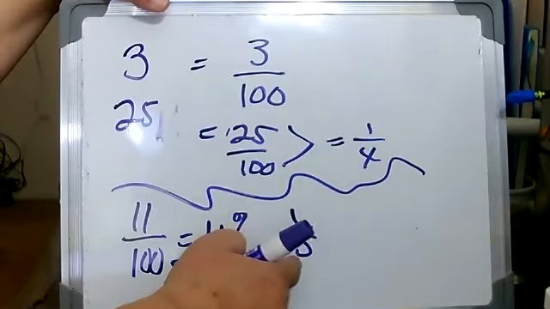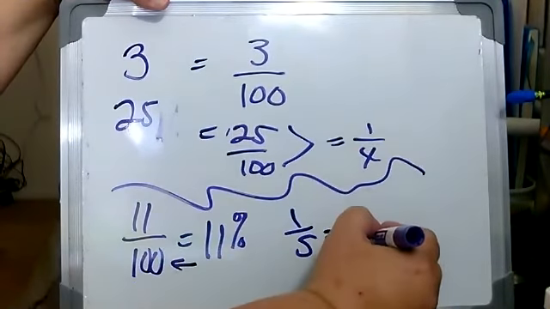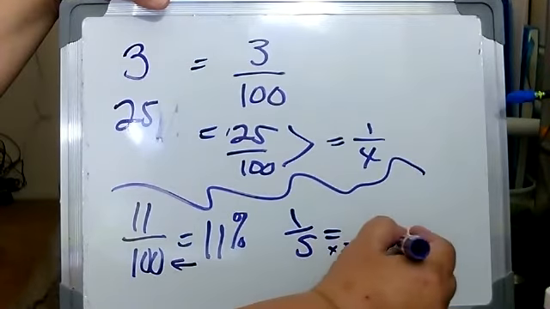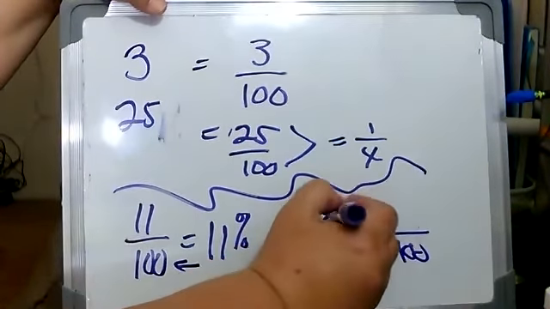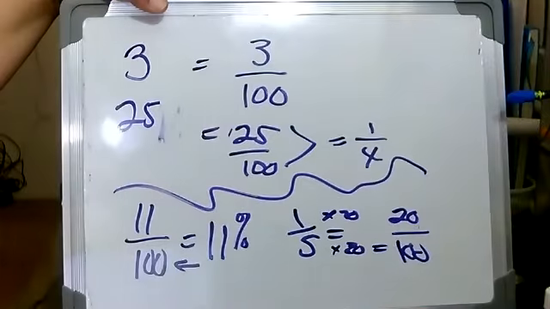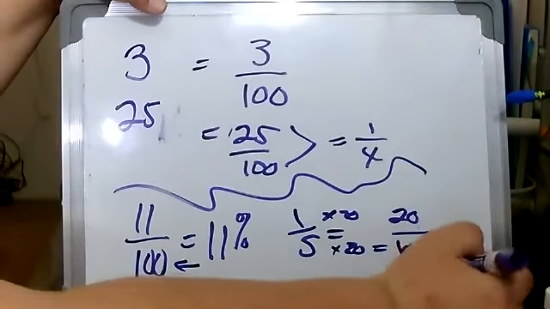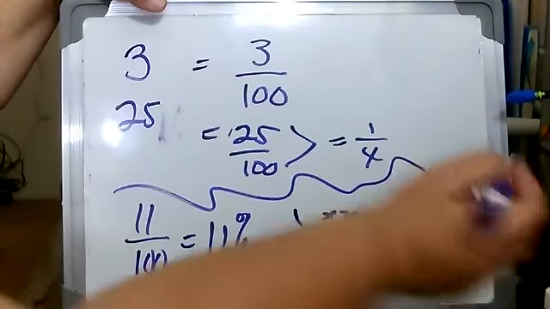What do you do to make this 100? You multiply it by 20. So 5 times 20 is equal to 100. And whatever you do to the bottom, you have to do to the top, right? So 1 times 20 is 20. And that would be equal to 20%.